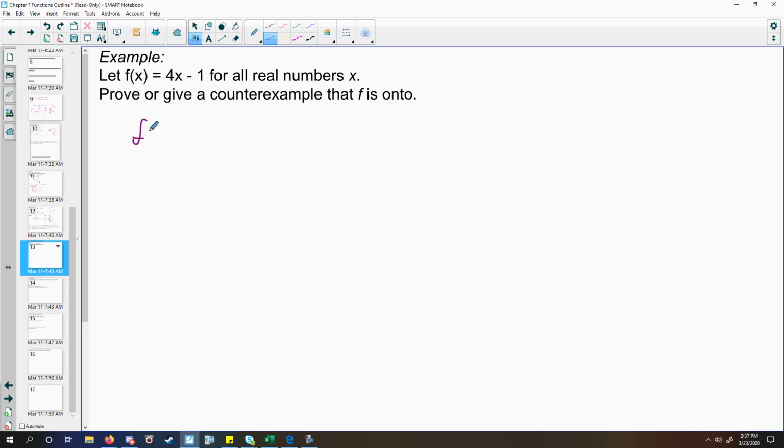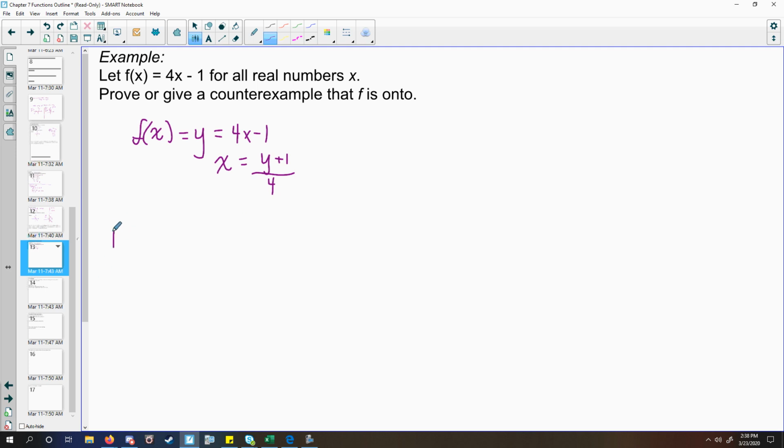Consider for a moment you want, in this case, f of x to equal some y, and that, we know, has to be some manipulation of 4x minus 1, or whatever the given value is. Solve for x instead, and that will tell you what x will have to be in an arbitrary manner. So by solving here, add 1 over and divide it by 4, we can see that x has to equal y plus 1 over 4.